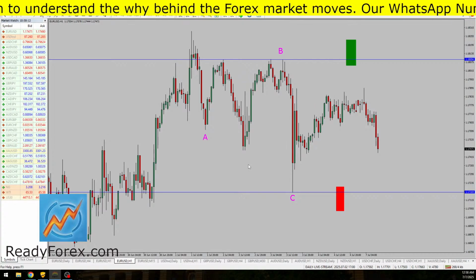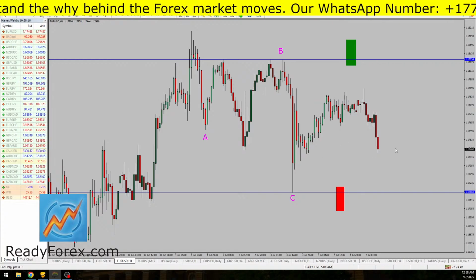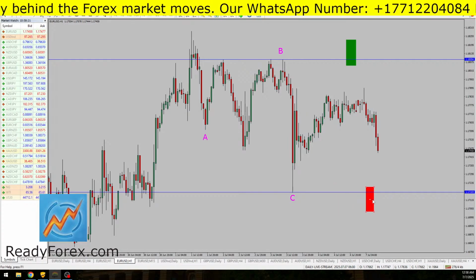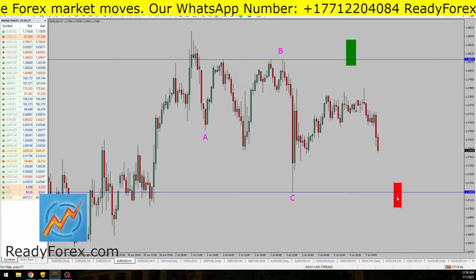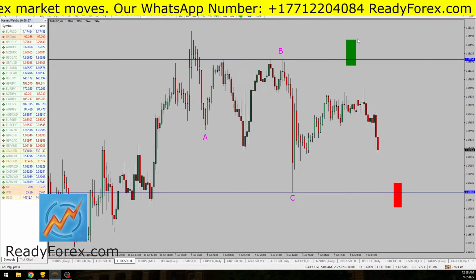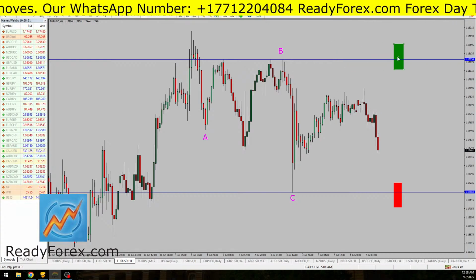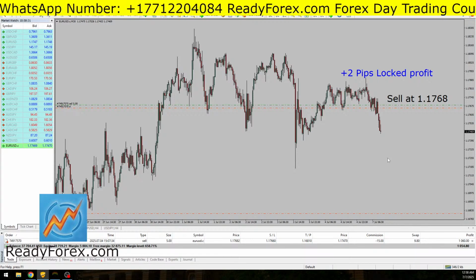For the time being, it seems to me euro dollar is trying to drop over here, and if we do get a bearish candlestick close below 1.1716 level, the chances are high that euro dollar is going to drop more.